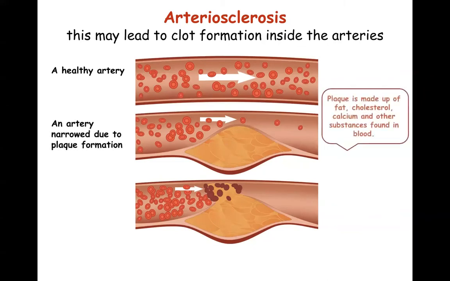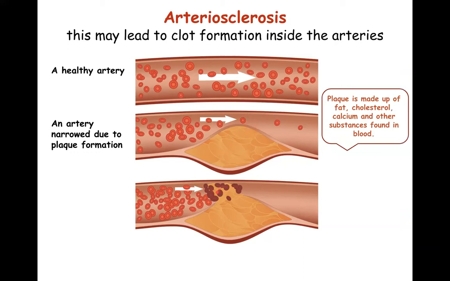So plaque is basically made up of fat, cholesterol, calcium, and other substances which are formed in the blood. And this plaque constricts the opening of the artery. The artery is narrowed. Now the blood will have to exert pressure in order to move across this narrow opening.